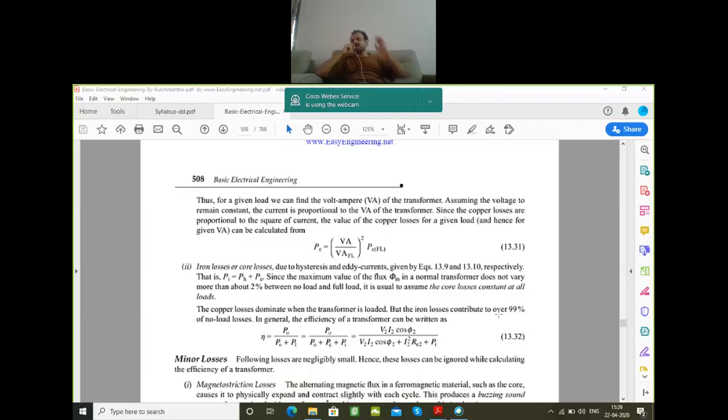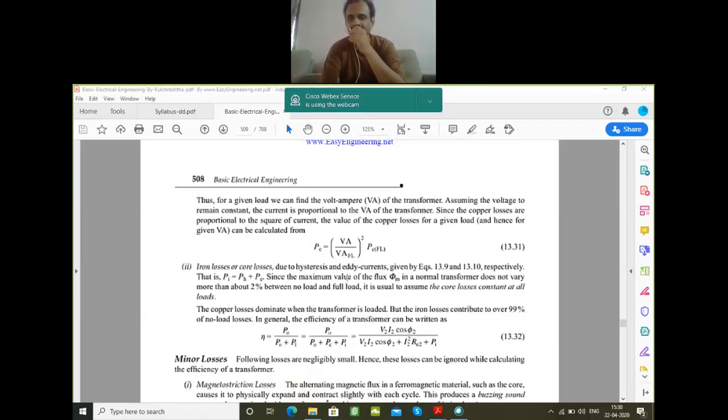It is constant at no load. If you vary the load, iron loss will not change much, but it contributes over 99% of the no load losses. Iron loss is due to hysteresis, magnetization and demagnetization of the core. When you apply electric power, the core becomes magnetized, and when you remove the power, it becomes demagnetized.